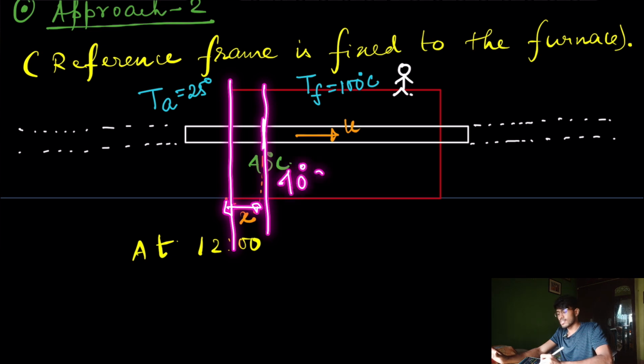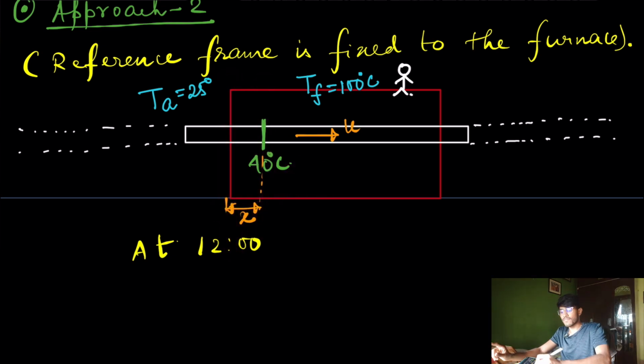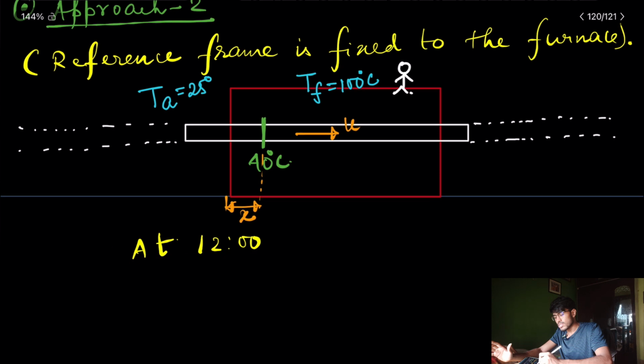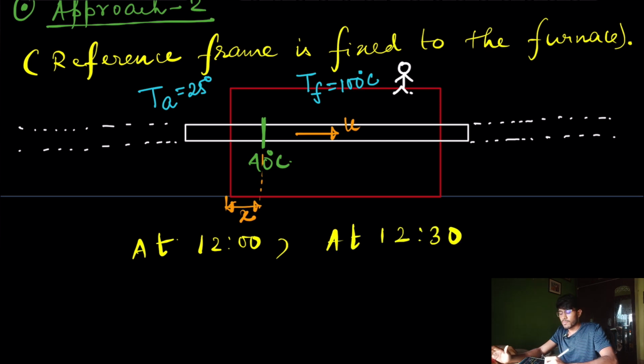So my point is, at any section like this, maybe at a distance x from the starting point, if the temperature is 40 degrees Celsius, now what do you think? If you are sitting on the furnace, at 12 o'clock, if the temperature of this section is 40 degrees, would you be seeing at 12:30 that the temperature is other than 40 degrees Celsius?